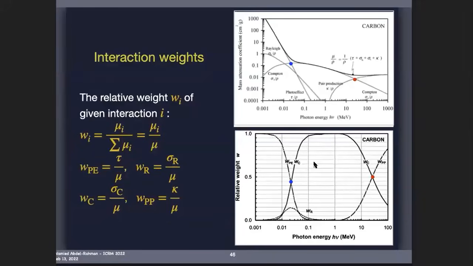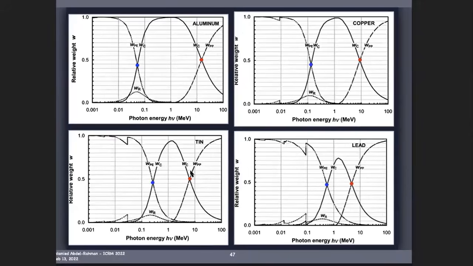So we can calculate the interaction weights based on the cross-sections for the individual interactions. And this is just a plot for carbon, where this curve is the interaction weight or probability for photoelectric. This is for Compton, and the other one is for pair production. And these are for other elements.